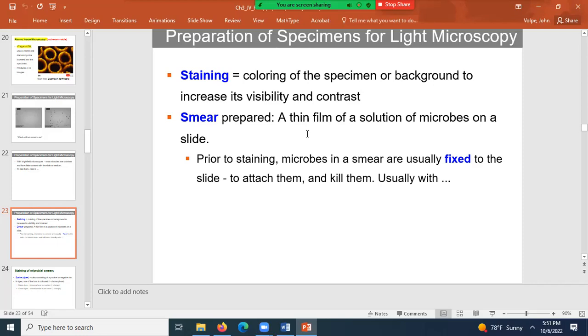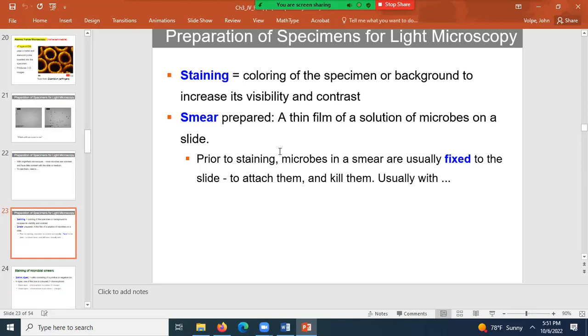You need a very thin film of bacteria on the slide. Ideally, you wouldn't have the bacteria any thicker than 1 cell thick. And then to increase the visibility, you stain the bacterial smear.